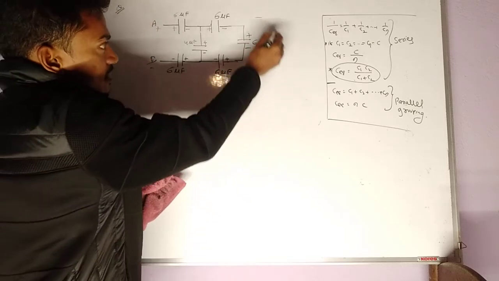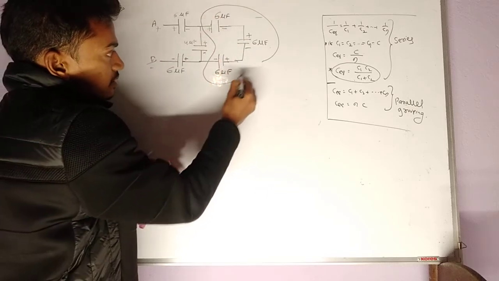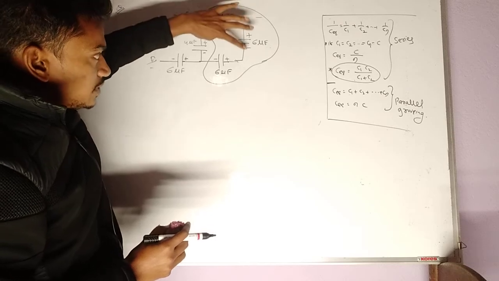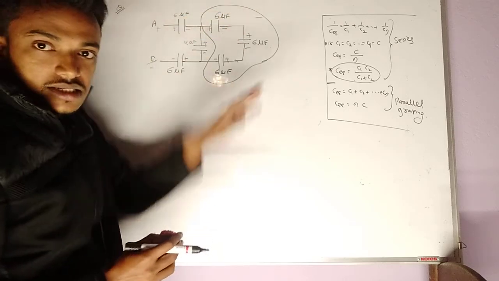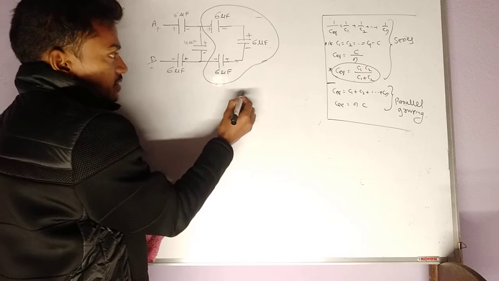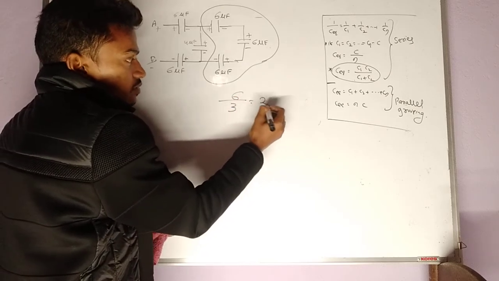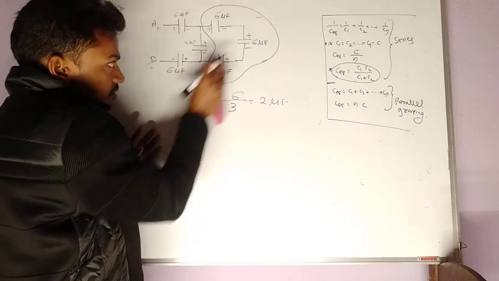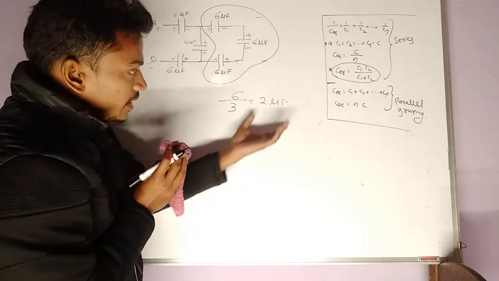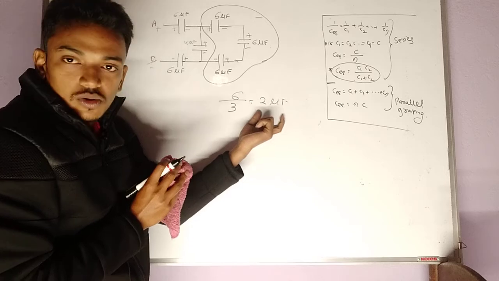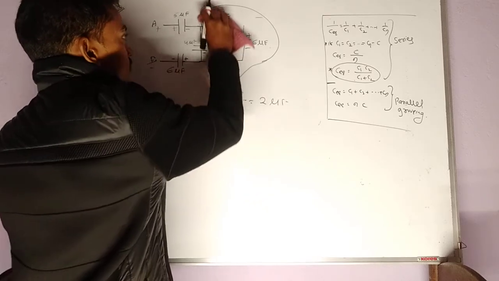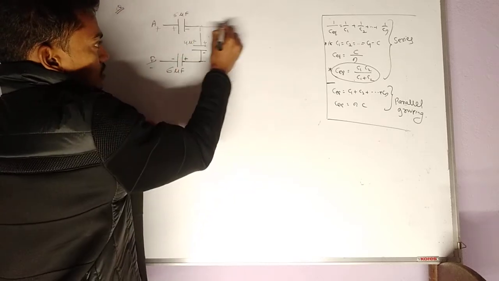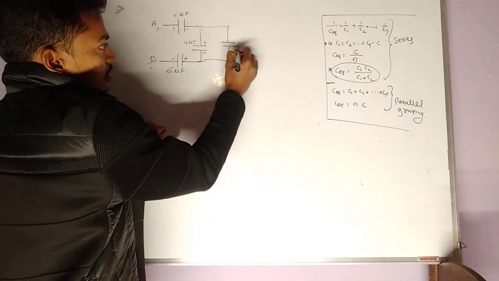Again, see these three. Now these three are in series, since negative connected to positive, negative connected to positive. So these are in series grouping. So its equivalent capacitance will be 6 by 3, that's equal to 2 microfarad. So I am erasing this, and in place of the 6 microfarad capacitor, I am adding a 2 microfarad capacitor.